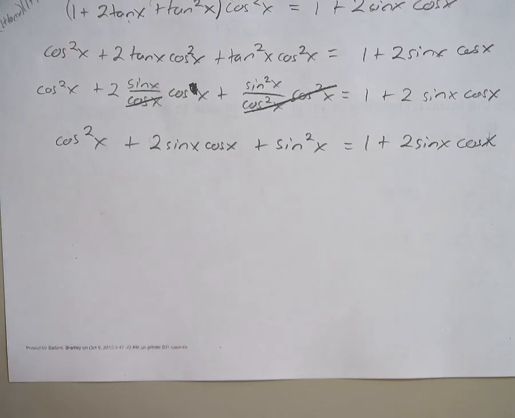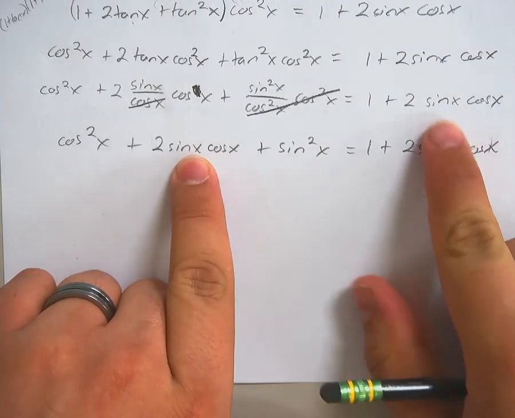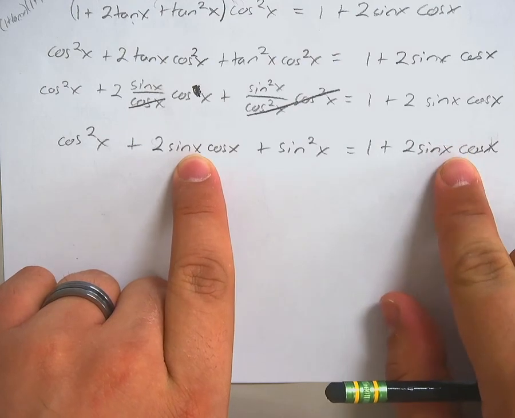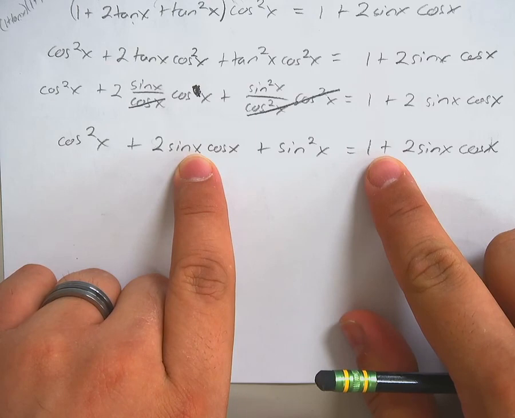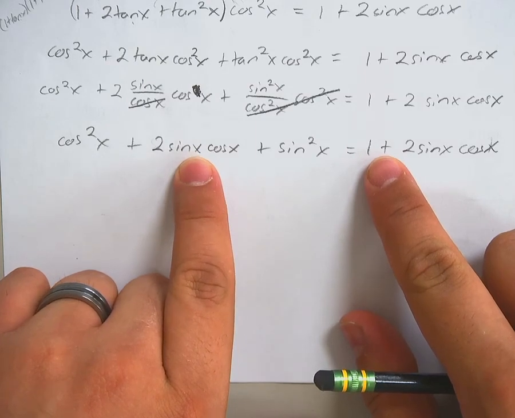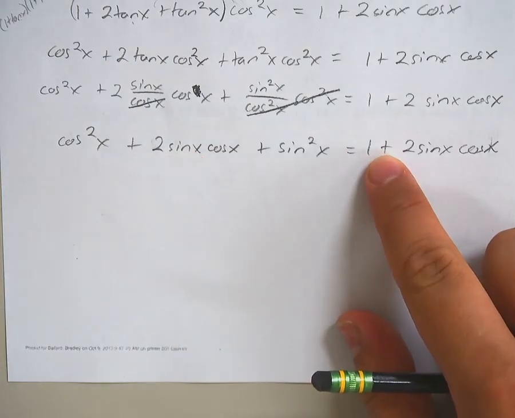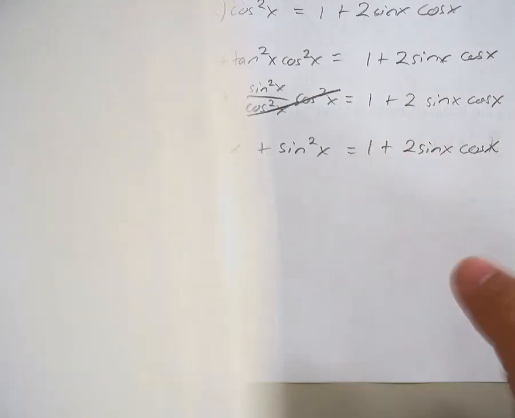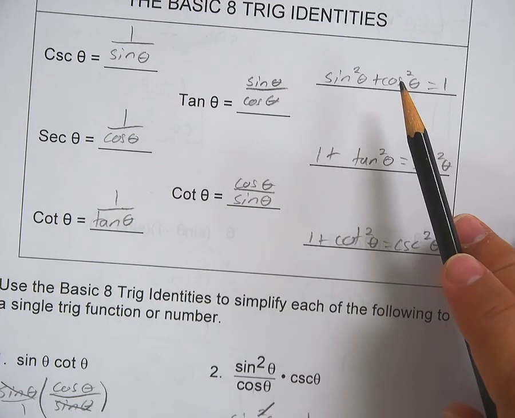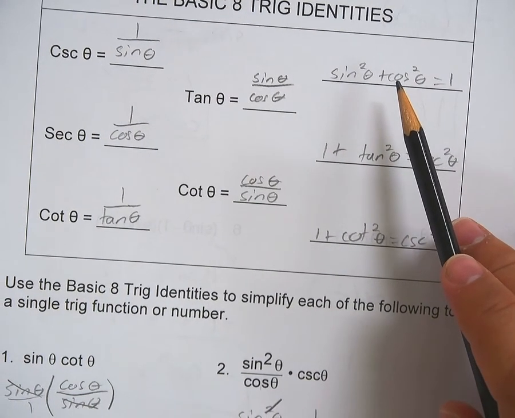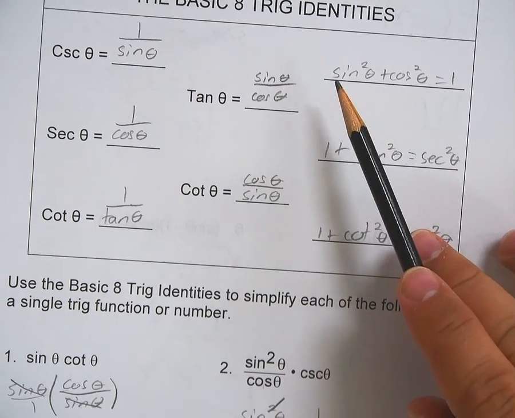And lo and behold, class, 2 sine x cosine x, 2 sine x cosine x, they're here. We're there. How do we get the 1? Where in the world does that come from? The basic 8 identities, Mr. Ballard. Oh, I'm so glad you were here to help. The basic 8 identity. What is sine squared plus cosine squared? Or cosine squared plus sine squared?